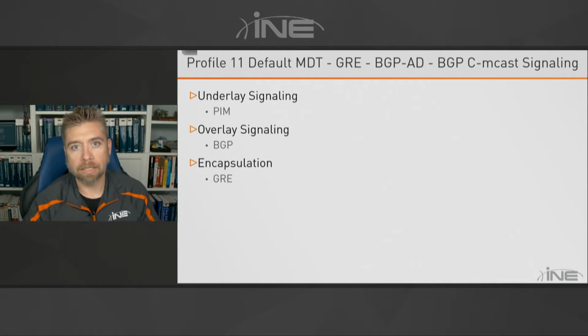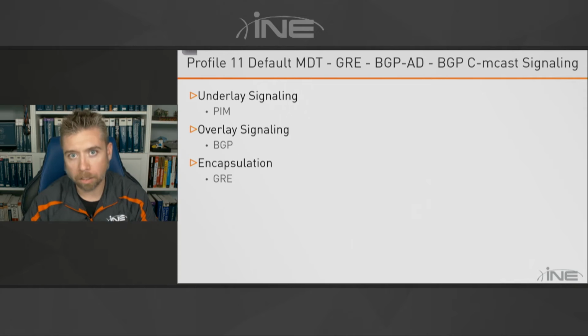The difference, though, is that when a join comes in or a register comes in, those are mapping to new types of BGP updates, which means that you would potentially have to troubleshoot multiple protocols. You have PIM on the customer side running regular routing inside the VRF, and then you have BGP on the provider side that's doing your VPNv4, your L2VPN, and now with IPv4 MDT, you're doing this additional BGP advertisement.